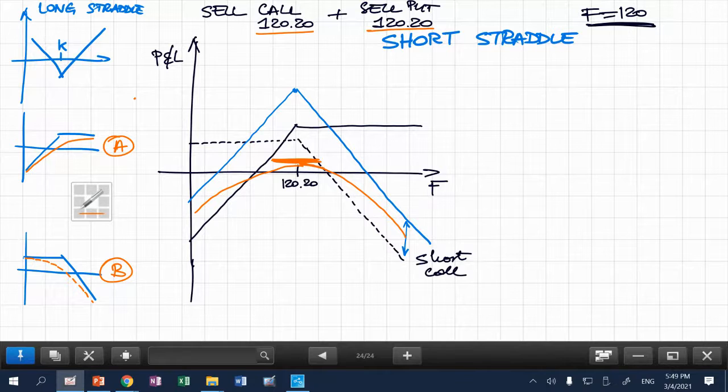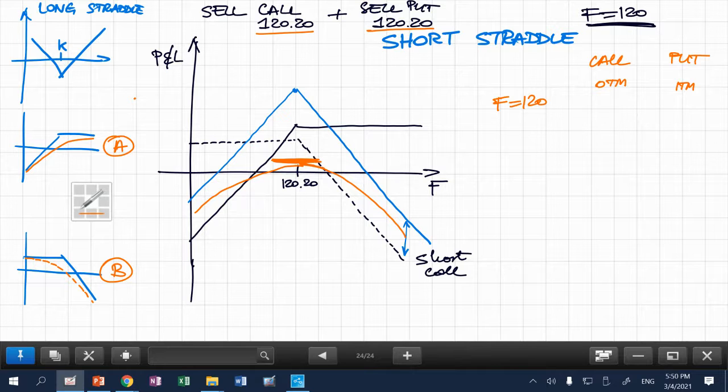Instead, for instance, when you are at a future price equal to 120, think about the call and the put in terms of moneyness, so in terms of whether they are in, at, or out of the money. When the future trades 120, which of the two options is in the money? 120.20 is a good price to sell or buy? To sell. So the one which is in the money is the put. And the call is out of the money, okay?